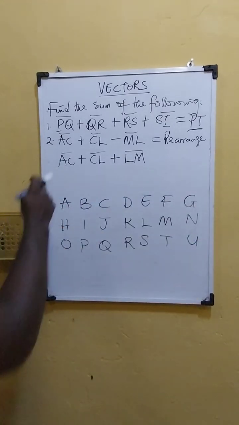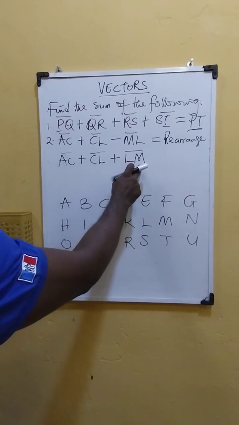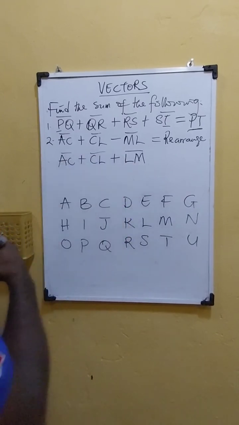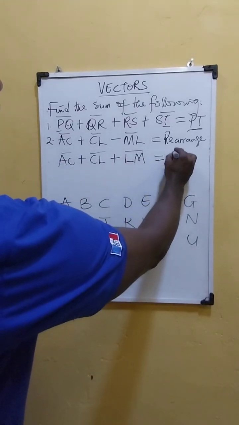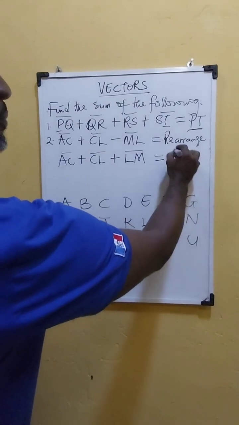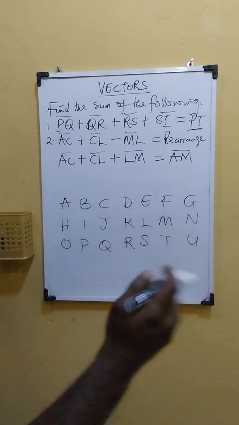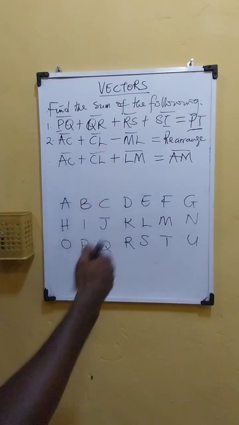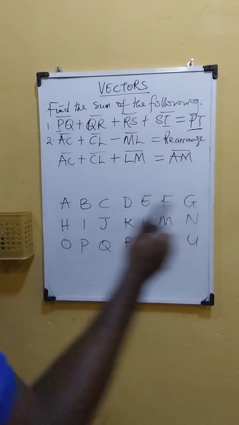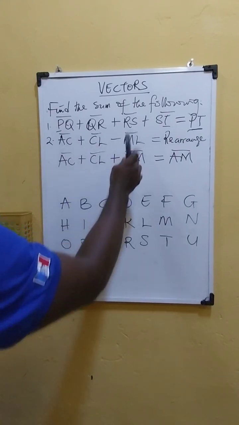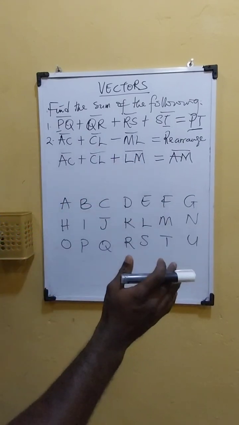So you take the first and the last. Your answer is actually AM. If you do not take note of this, you may just rush and say it's simple, take the A and the L, and that's going to give you a wrong answer. Did you get that?